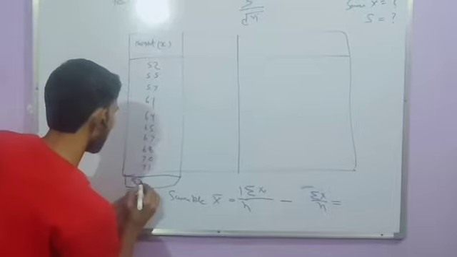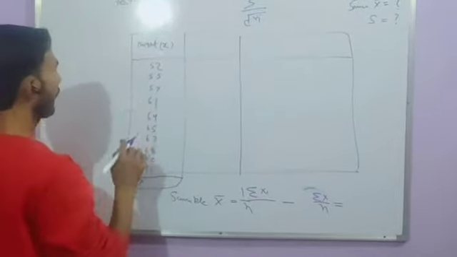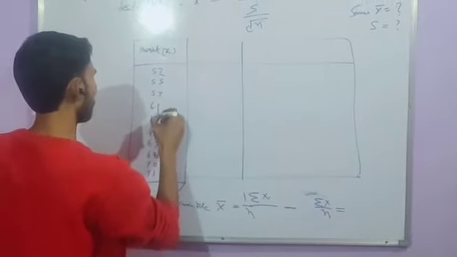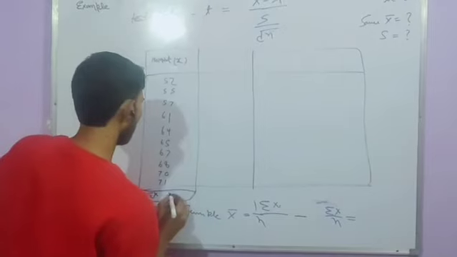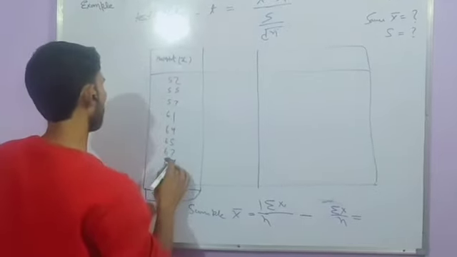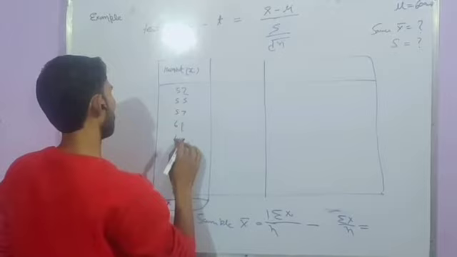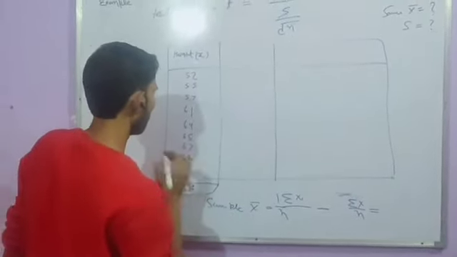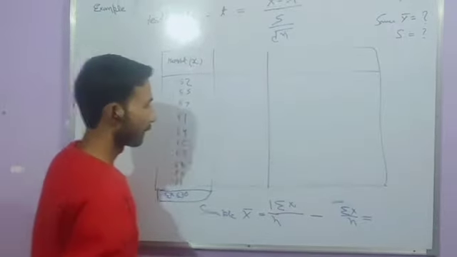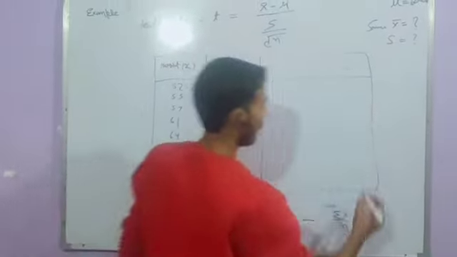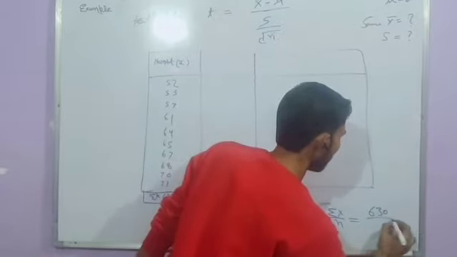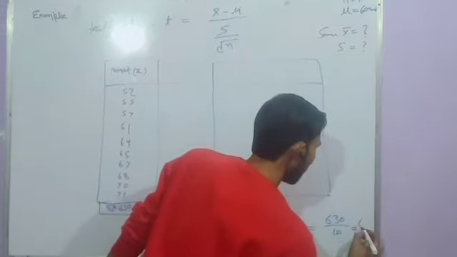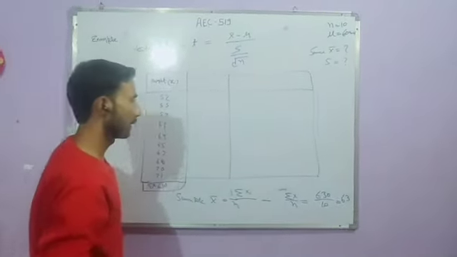Summation of x means the total of x. So now 630. Okay, and n is 10. 630 divided by n is 10. So we find x bar equal to 63.